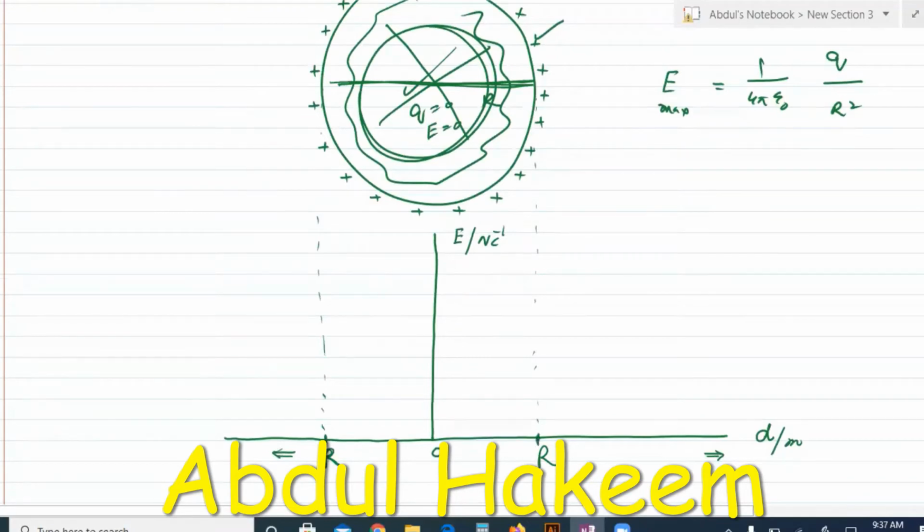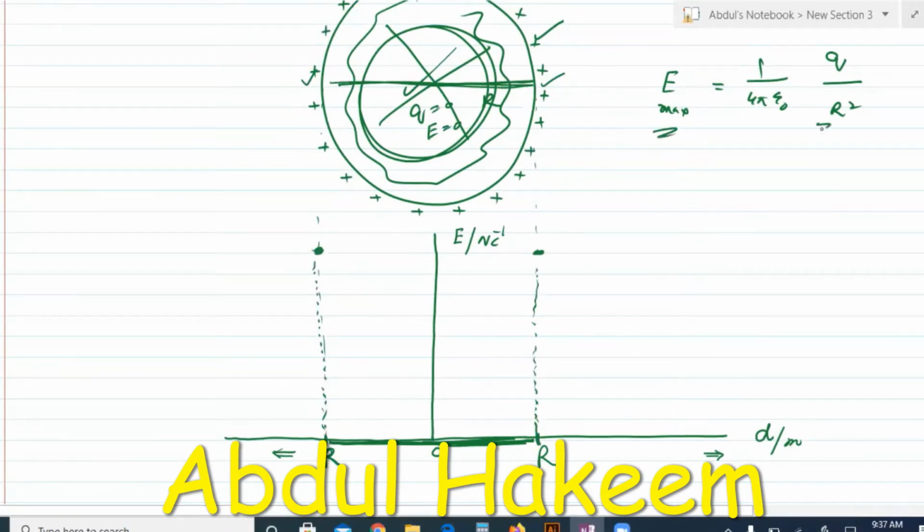From left to right radius, the electric field strength is 0. But exactly at the surface, its value is maximum. So this is the maximum.